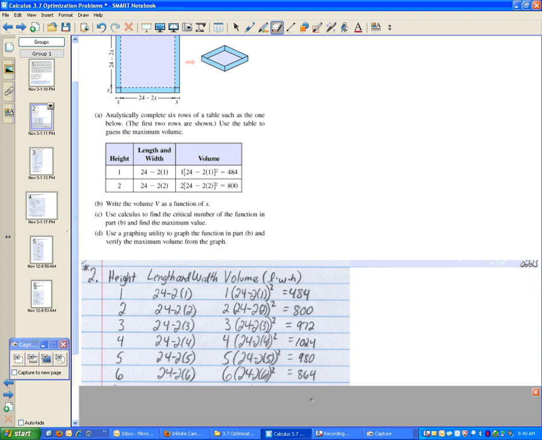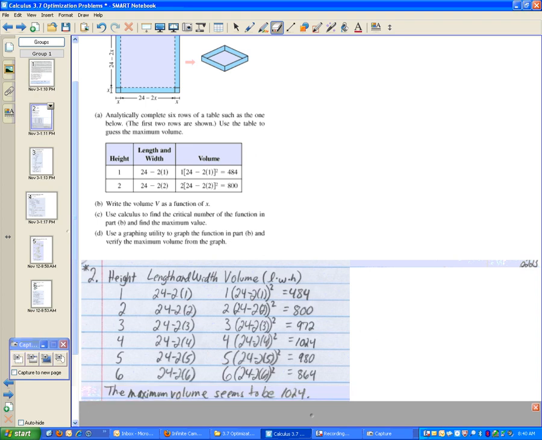You with me? All right. So what does the maximum volume seem to be? 1,024 looks like the maximum volume, doesn't it? So we can write the maximum volume seems to be 1,024.